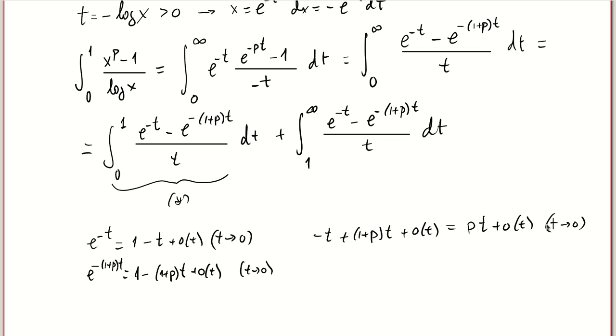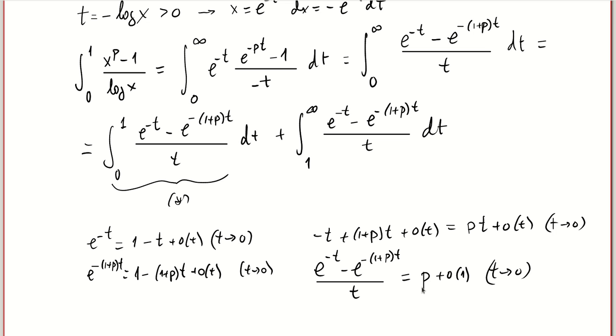Which means that if we have this function divided by this t here, and we try to find the Taylor expansion when t goes to 0, we just have to divide this by t, and then we have p plus o(1) when t goes to 0, which means that this function is continuous at 0.